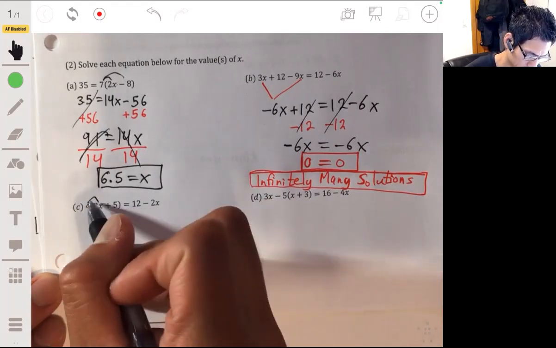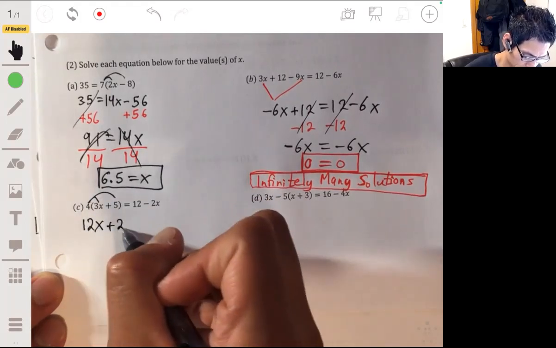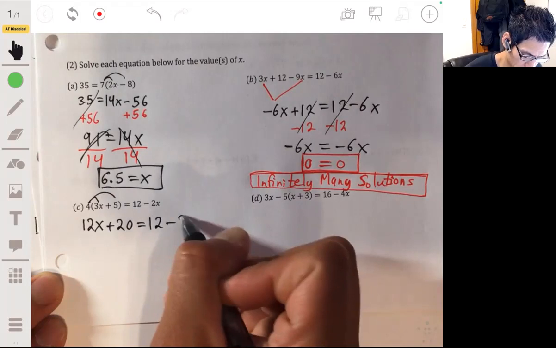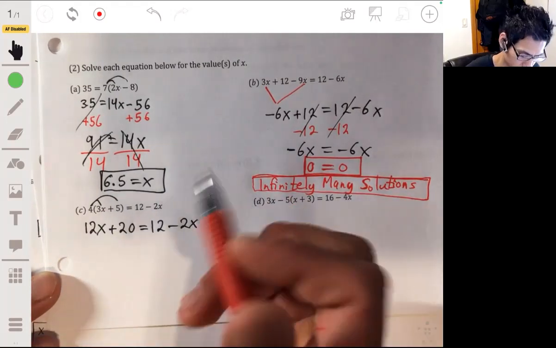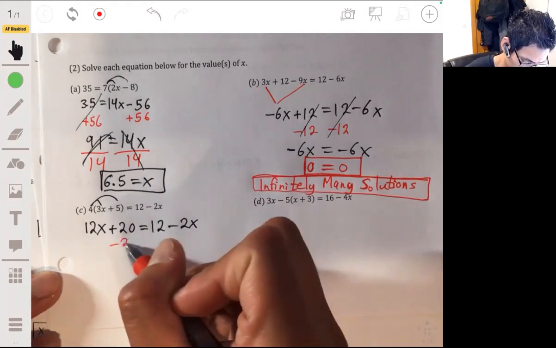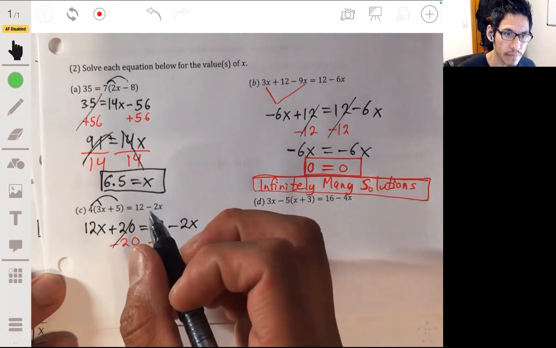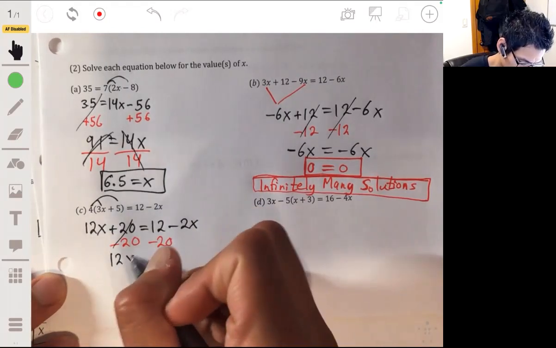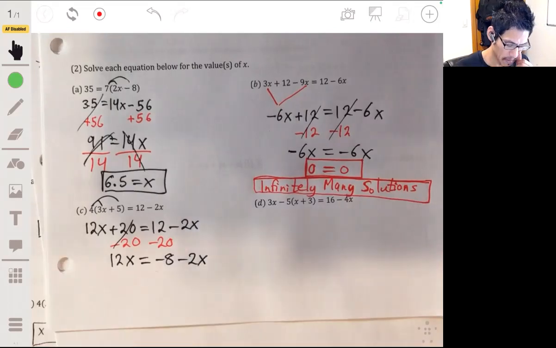So let's just distribute the 4 to the 3x and 5. So we'll get 12x plus 20 equals 12 minus 2x. Subtract 20 from both sides. So 12x equals -8 minus 2x.